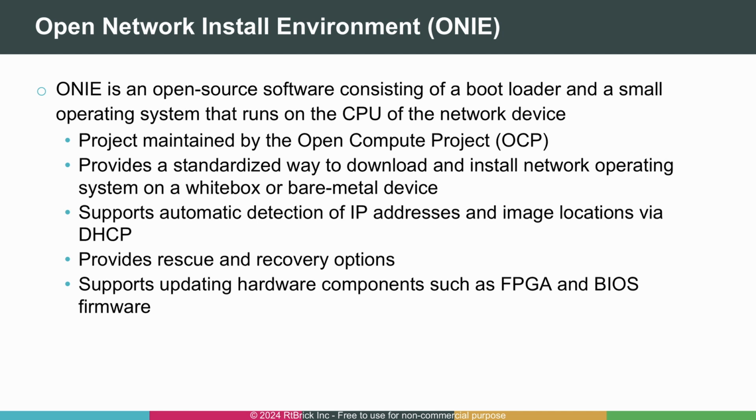Once the correct image is identified, ONIE downloads and installs it on the switch. The system then reboots, running the newly installed operating system. In the event of a failure or corrupted images, ONIE offers options for recovery or rescue. Additionally, ONIE supports the upgrading of hardware components, including FPGA firmware and BIOS images.